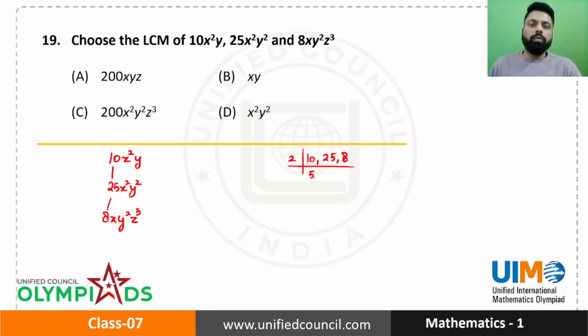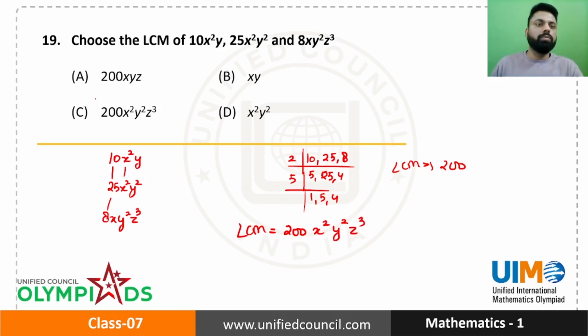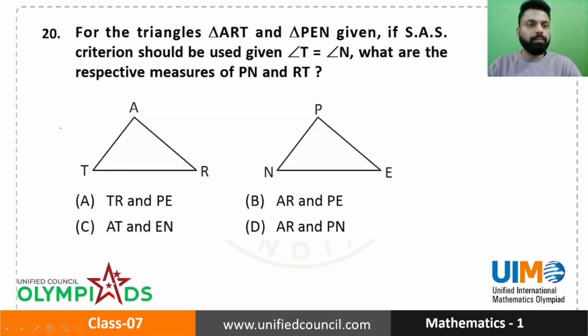So 2, 5, 25, 4, 5, 1, 5, 4. So LCM for this is 25, 10 into 5, 50 into 4, 200. So LCM is equal to 200 and then we will take the highest power of all the variables. This is x square, y square, z cube. C option is the correct answer.